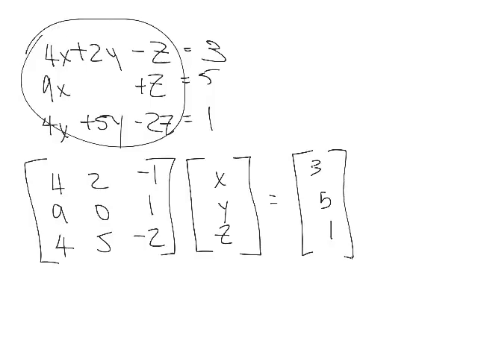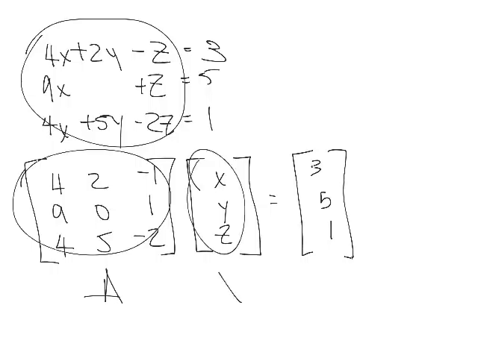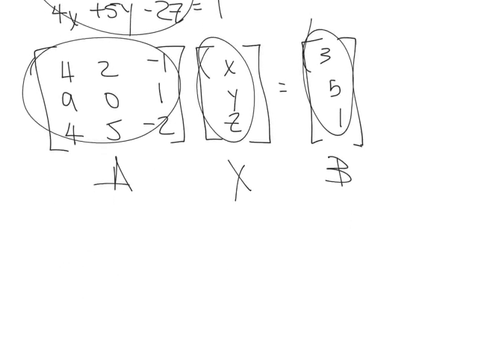We're going to call this first one here A. We're going to call this one, because it has variables, capital X, and we're going to call that one B. So what we're going to do then is we're going to say that AX equals B.